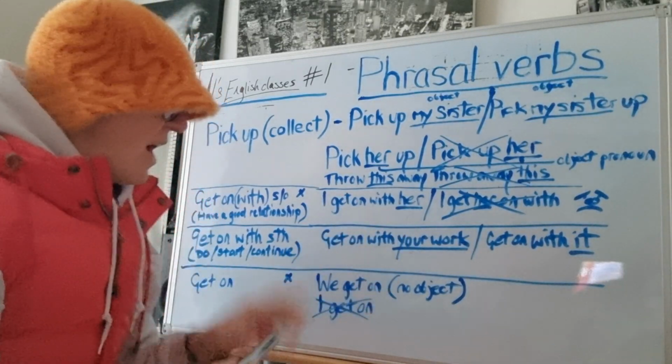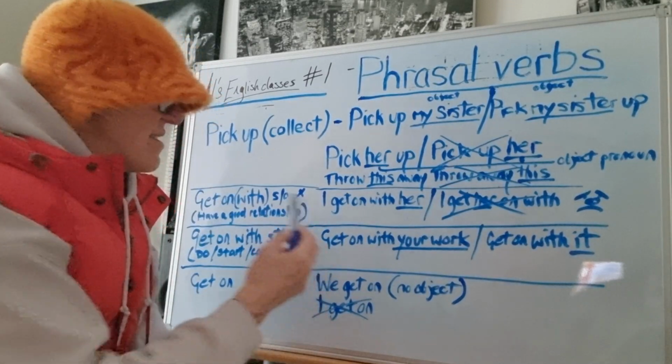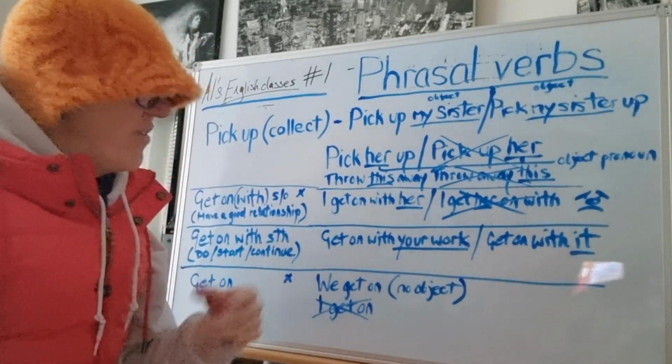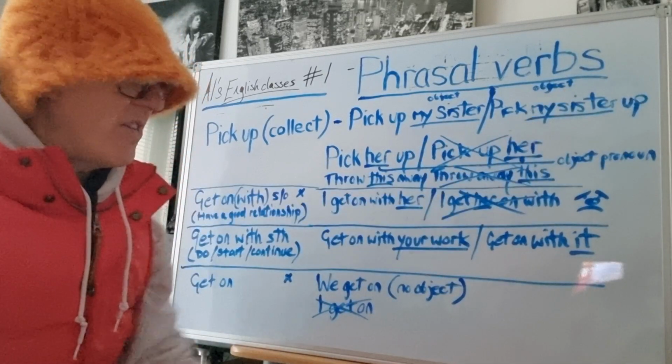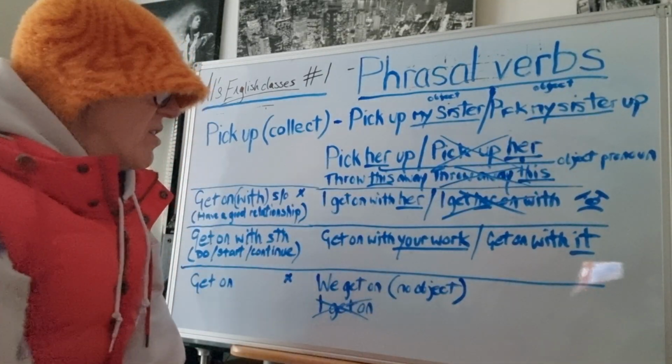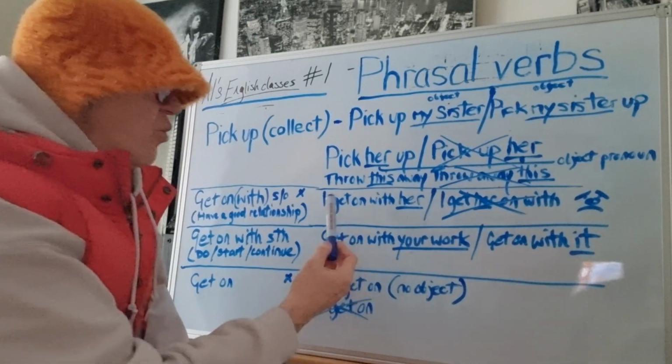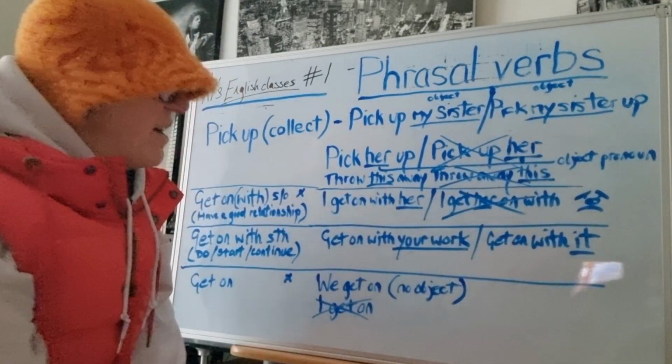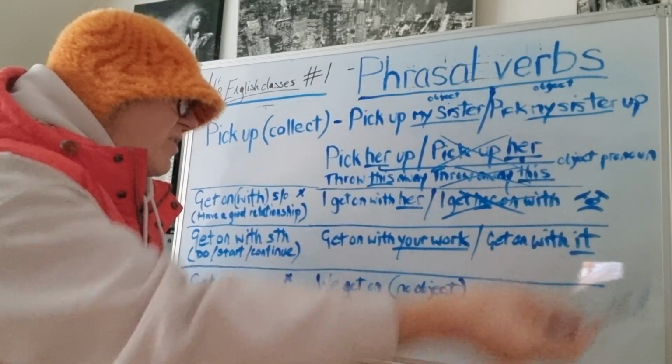Same information. However, if we is you and I, and there's another person, or other people, you say we get on with them, we get on with him, we get on with her.